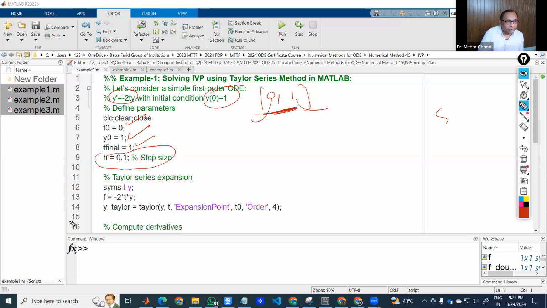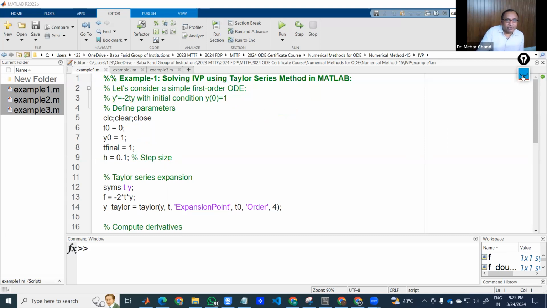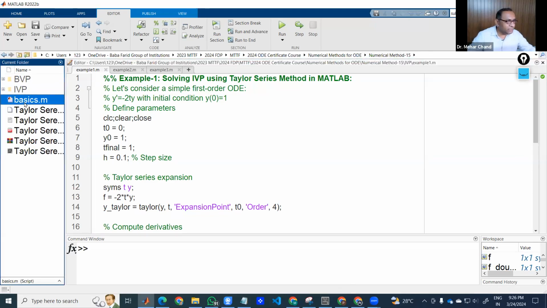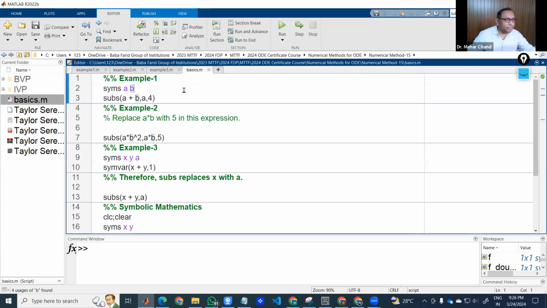Before implementing, we need to define symbolic variables, and I hope you are familiar with all these symbolic variables. If not, we can once again discuss them. Here I have also created a separate file for the basics required in the present discussion.